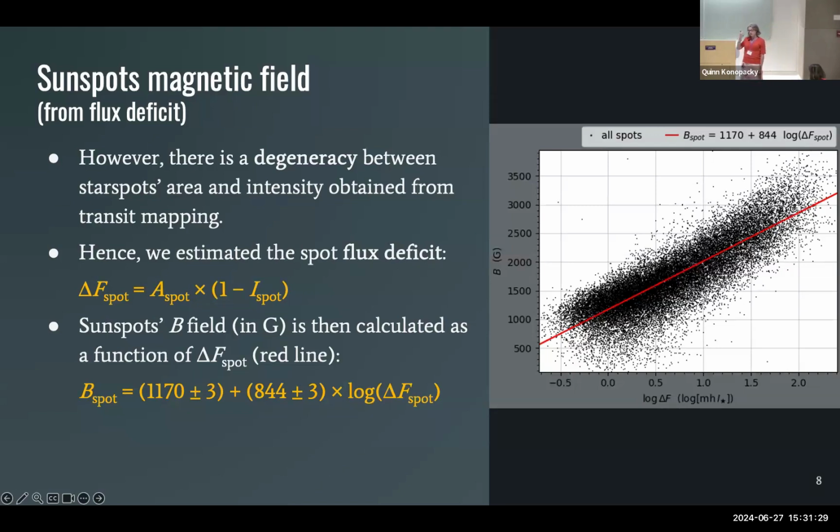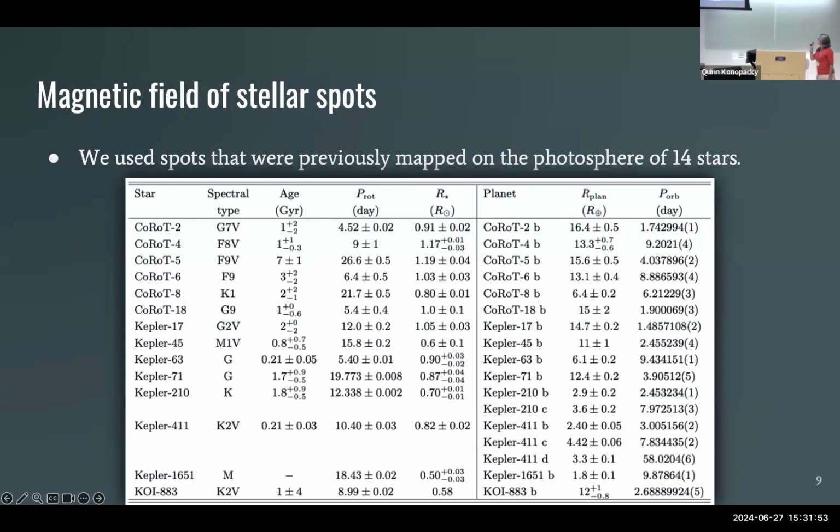That's how much flux the spot subtracts from the stellar photosphere, which is just the area of the spot multiplied by 1 minus the intensity of the spot. Here are the 32,000 or more sunspots, and we did a linear fit to the data, obtaining this relation. This is the relation that we are going to apply to the spots of the stars.